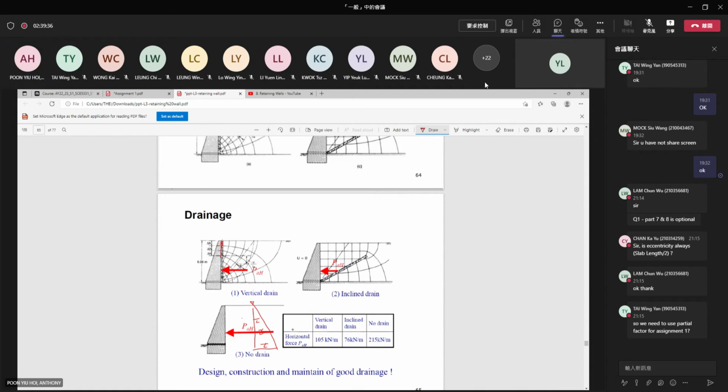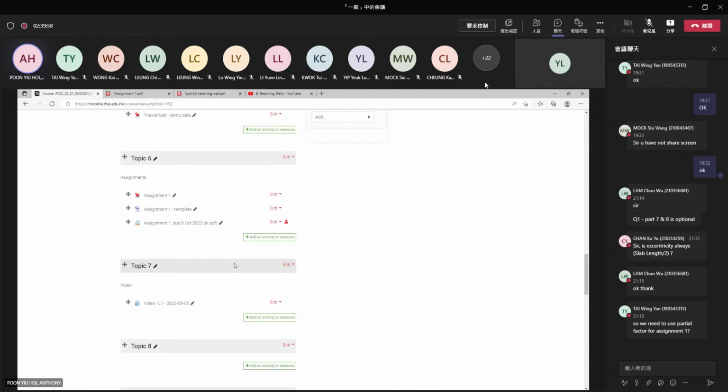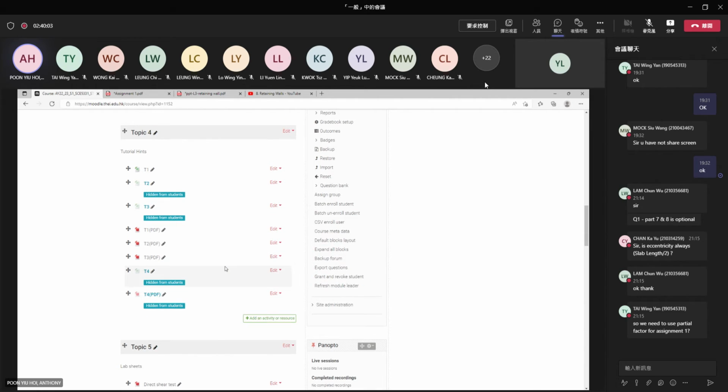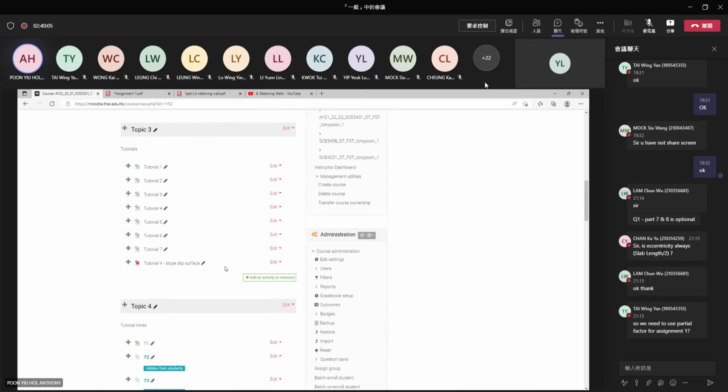U equals 0, very good, right? But is this the best solution? If you still remember, earlier we showed this.